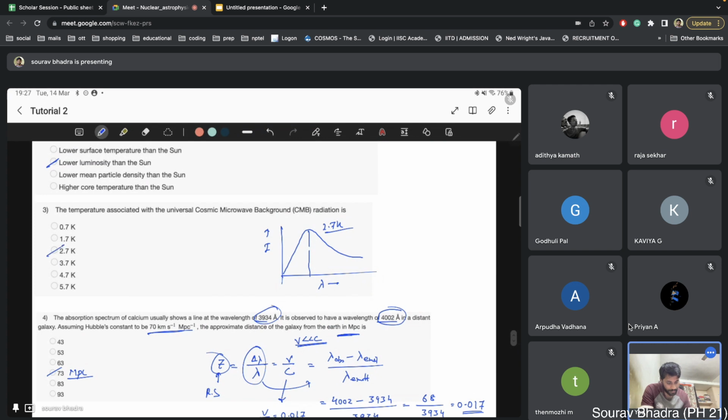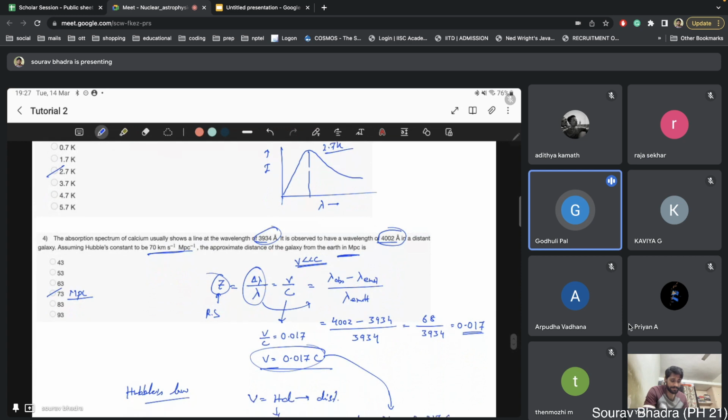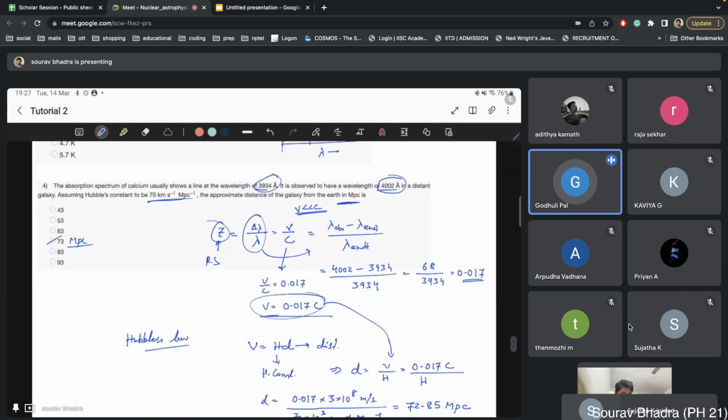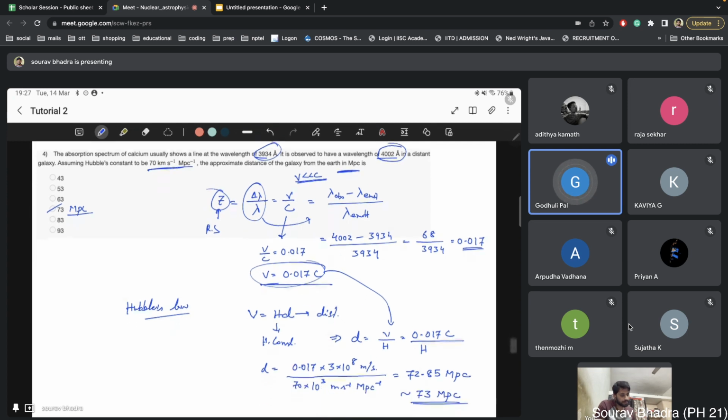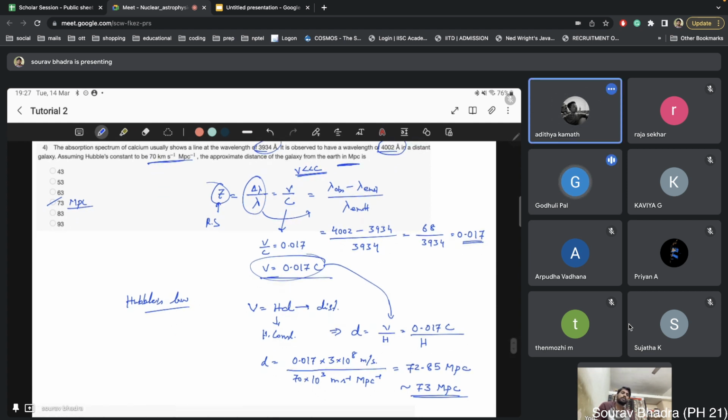Now 2.7. Yes. Okay. So have you gone through the H? H is given as 70.